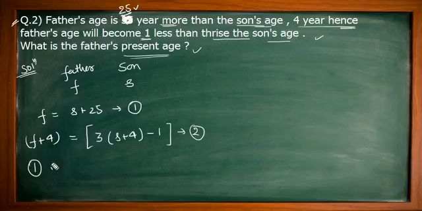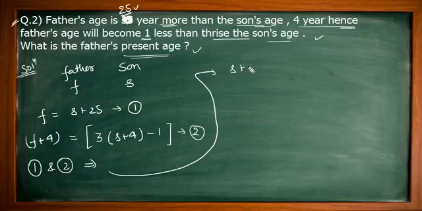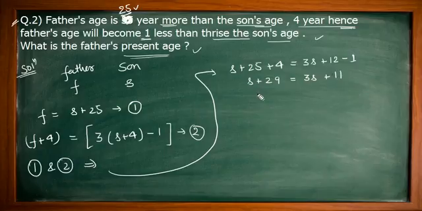Solve first and second. Basically S plus 25 plus 4 is equal to 3S plus 12 minus 1, so S plus 29 equals 3S plus 11, and 2S equals 18, and S will be equal to 9.